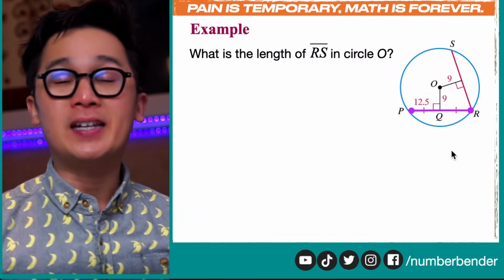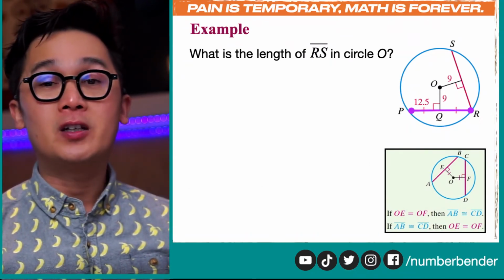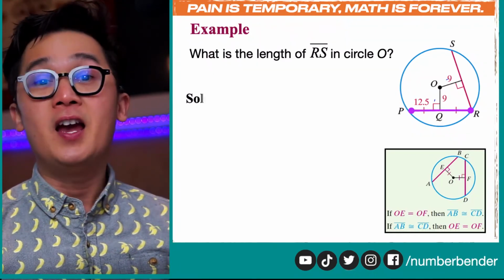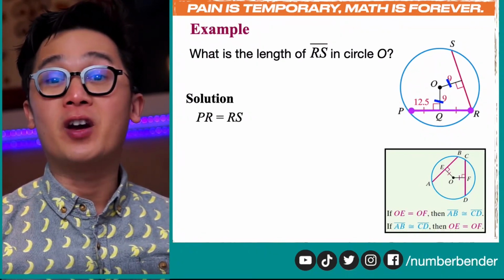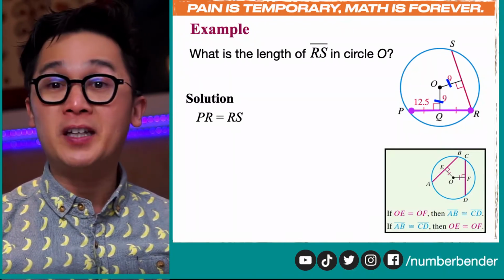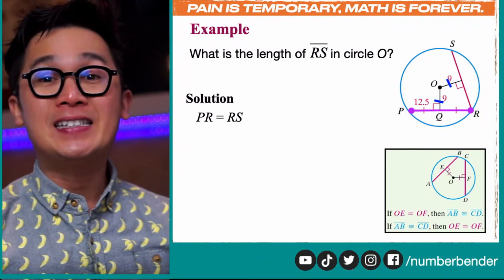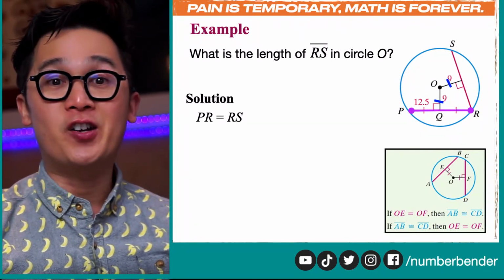So it looks like we're going to be using this theorem to solve for the measurement of line segment RS. We know that from this theorem, the chords PR and RS are congruent since they are equidistant from the center of our circle.